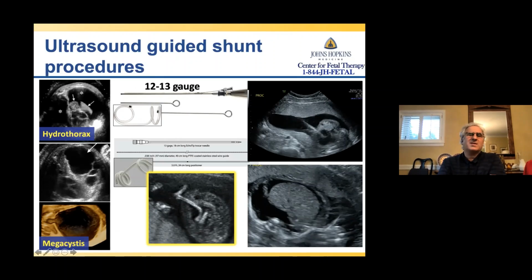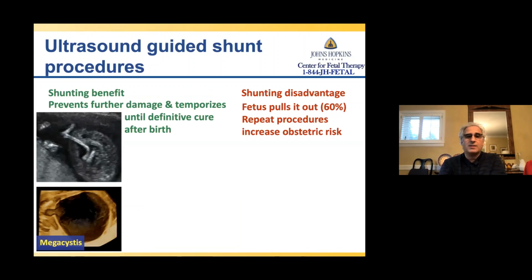The introducer is about 2 millimeters in diameter, and this one is made by Cook Medical in the US and subsequently was brought here. These shunts are actually still under regulatory oversight by the FDA, and you have to have some approval process with the company to obtain these shunts.